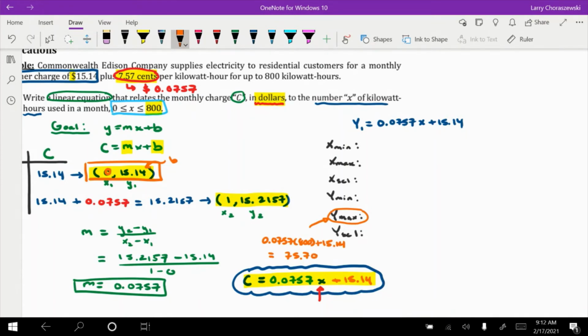So the largest possible cost to the residential customer, that is if they use 800 kilowatt hours in any given month, is going to be $75.70. So I'm going to go just a little bit higher than that for my Y max value, and maybe use 80.